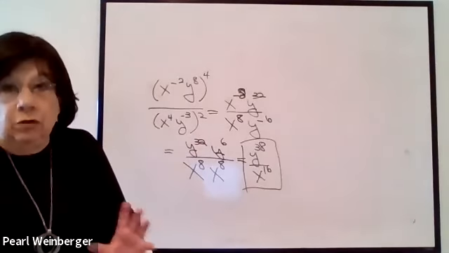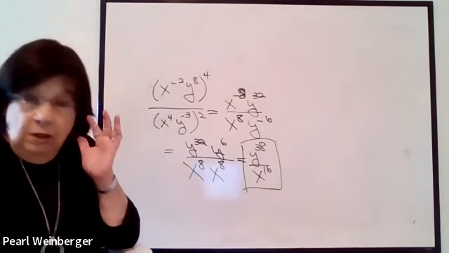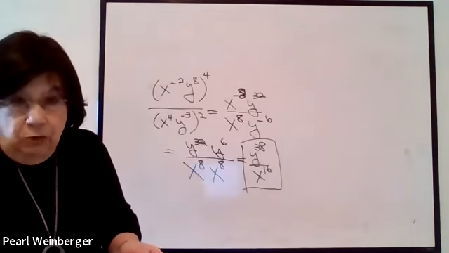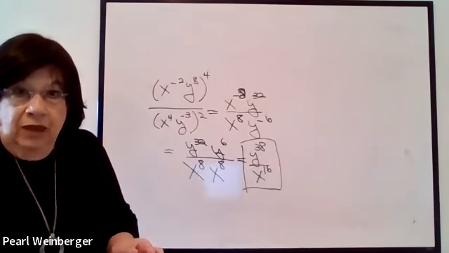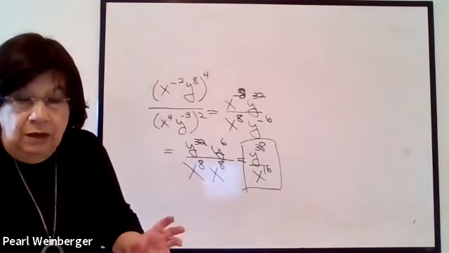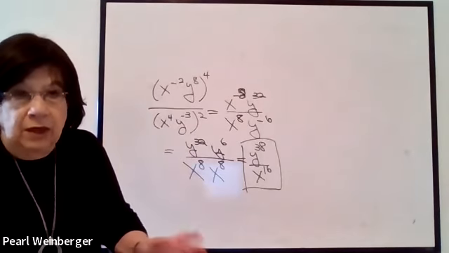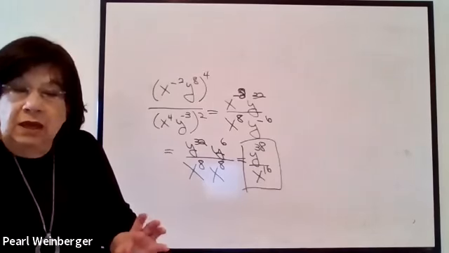So again, if you notice, we did the same thing. I first removed the parentheses by distributing the exponent on the outside. I then took care of the negative exponents by moving any term, actually, you should call it a factor, any letter that had a negative exponent, it got moved.